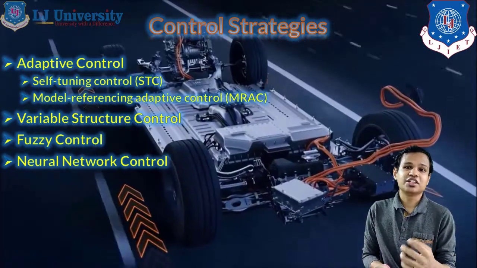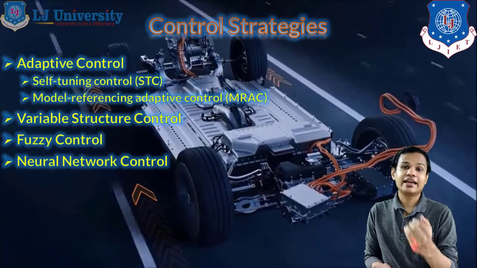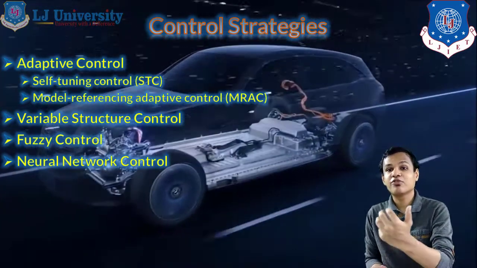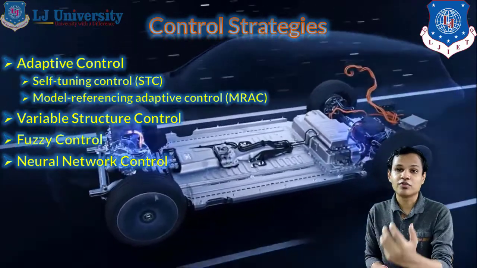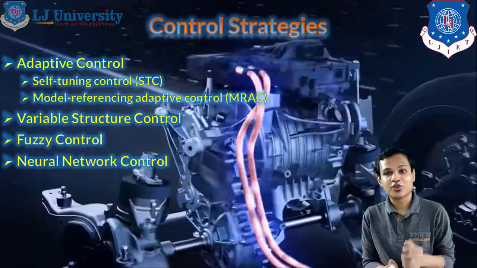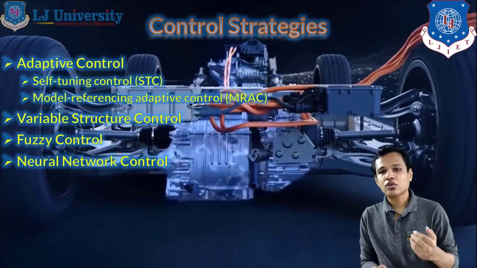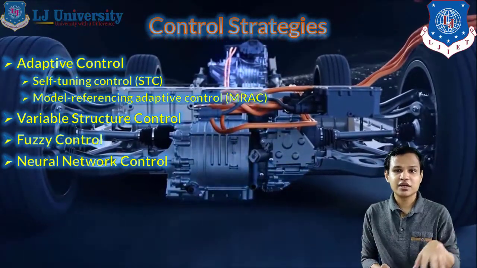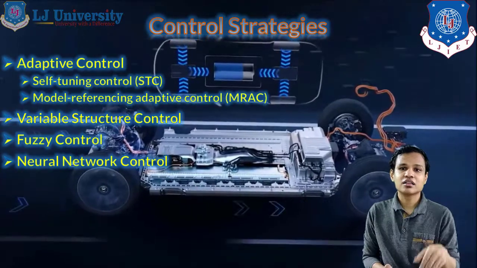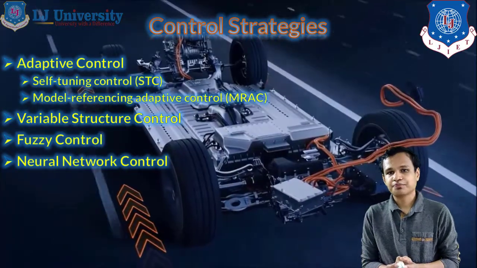According to the condition, it adapts and gets the required amount of output that is required from our electric propulsion system. Self-tuning control gives you the tuning that is done by the controlling method.